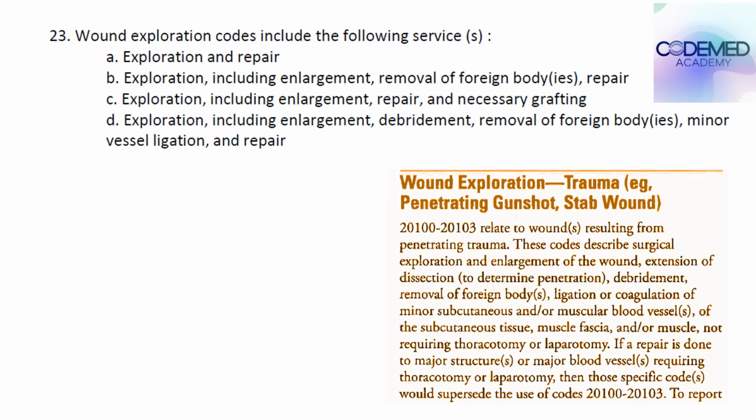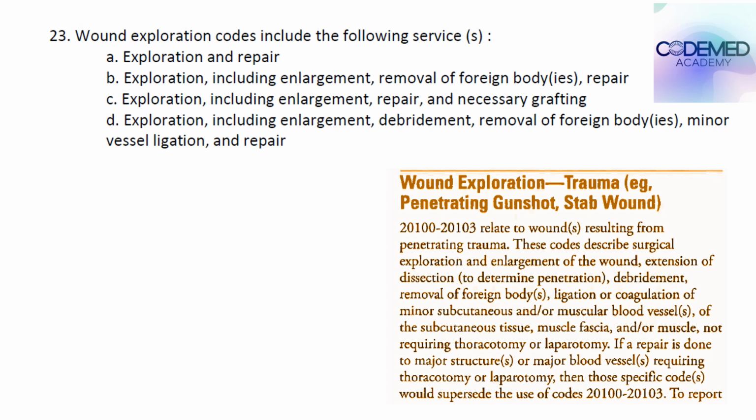Wound exploration codes include the following service, and we have the options, and let us see what the correct answer is. Here in your book they have given what wound exploration is.